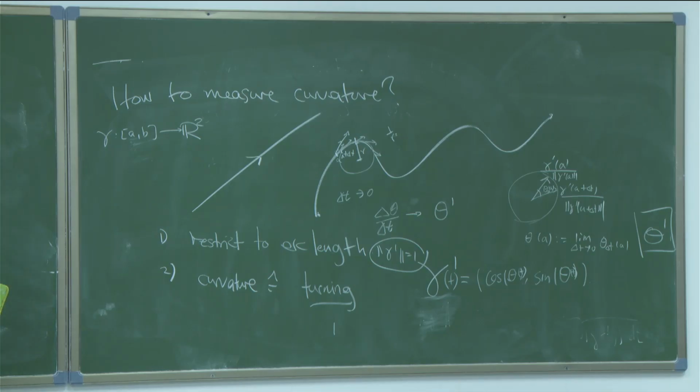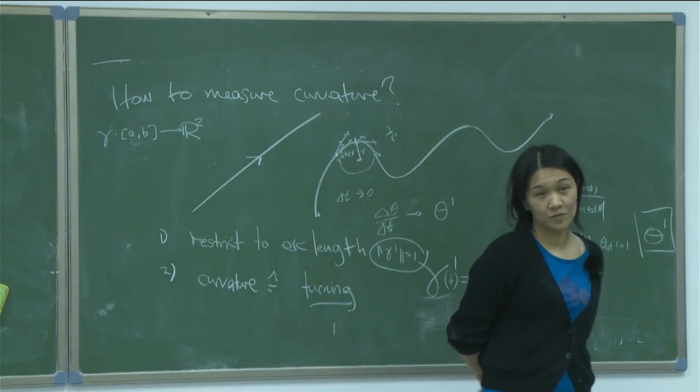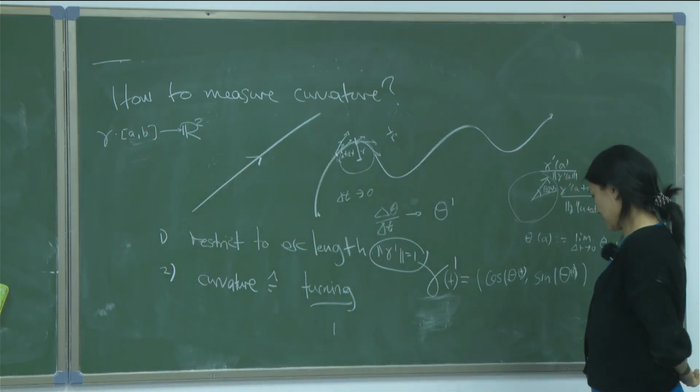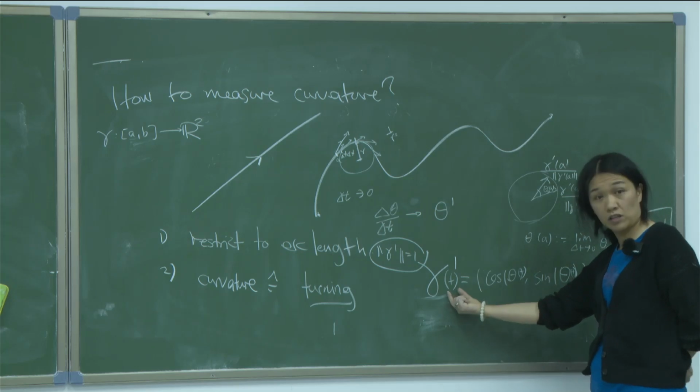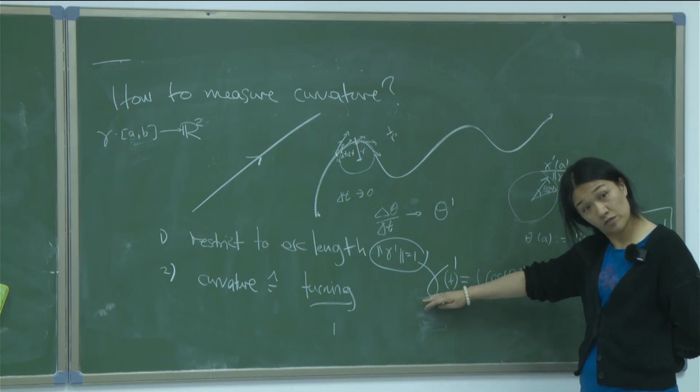What's the derivative of cosine? If gamma t is already given, how do we compute the curvature just from gamma t?